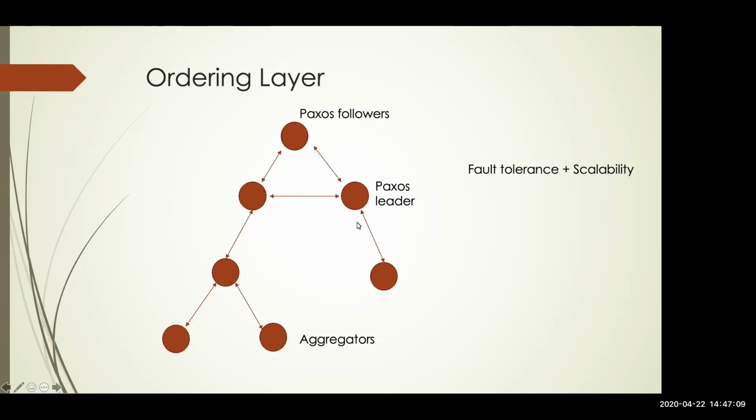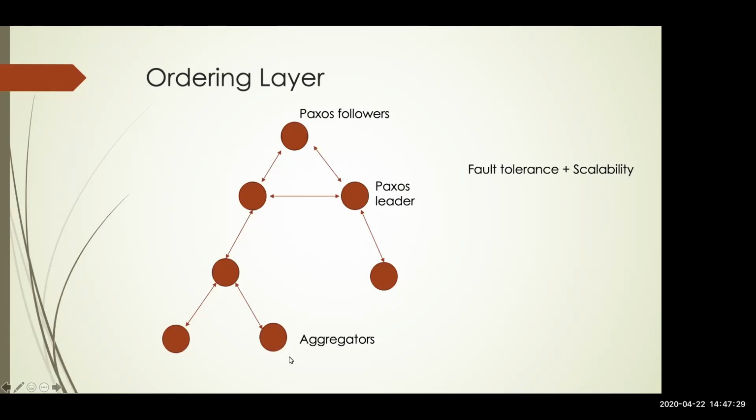Since we do not want to overwhelm the ordering layer with TCP connections, the paper creates a tree-like structure of aggregators.